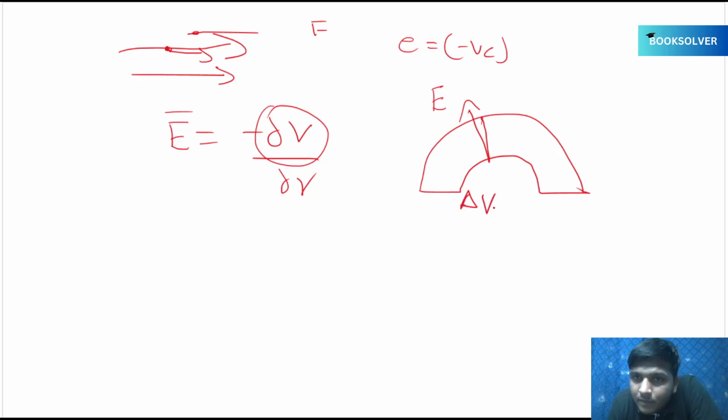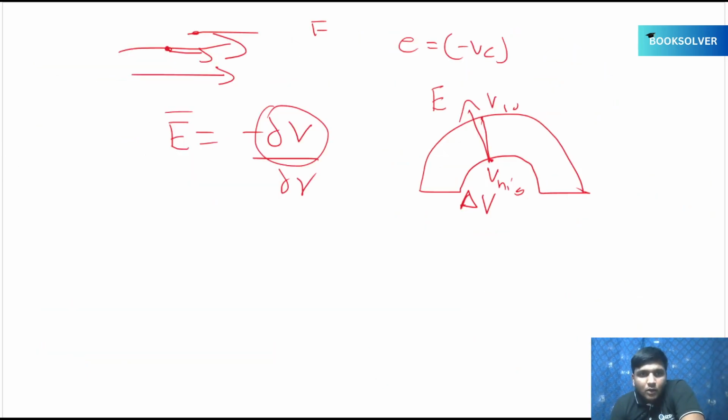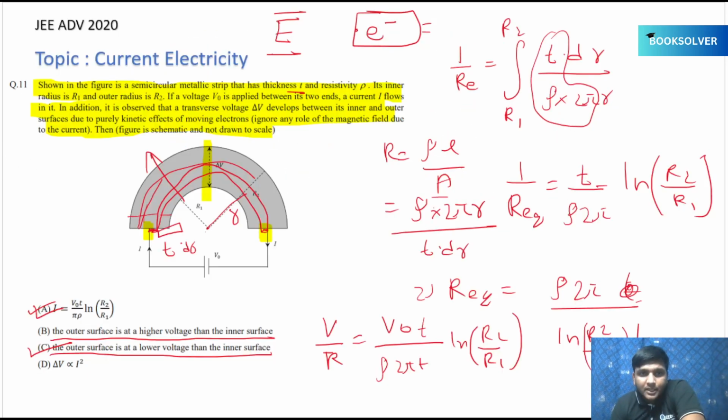So V will be higher here and V will be lower here. Let's see which option is matching that. The outer surface is at higher voltage? No, the outer surface is at lower voltage. It means option C is correct here. So I can mark option B as incorrect because C is correct only.